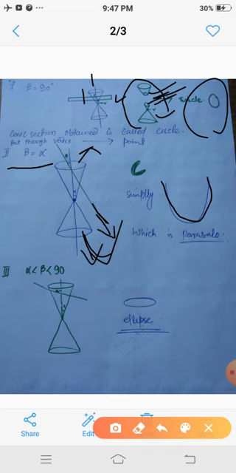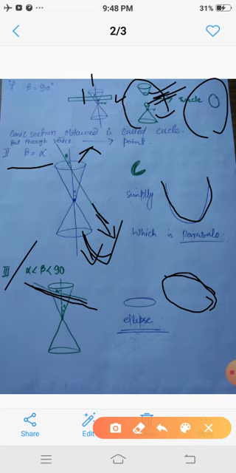Now in case three, alpha is less than beta and both are less than 90°. For example, if alpha is 30, beta is 45. Suppose in the upper nap the plane intersects like this, and the conic section obtained is of this form.